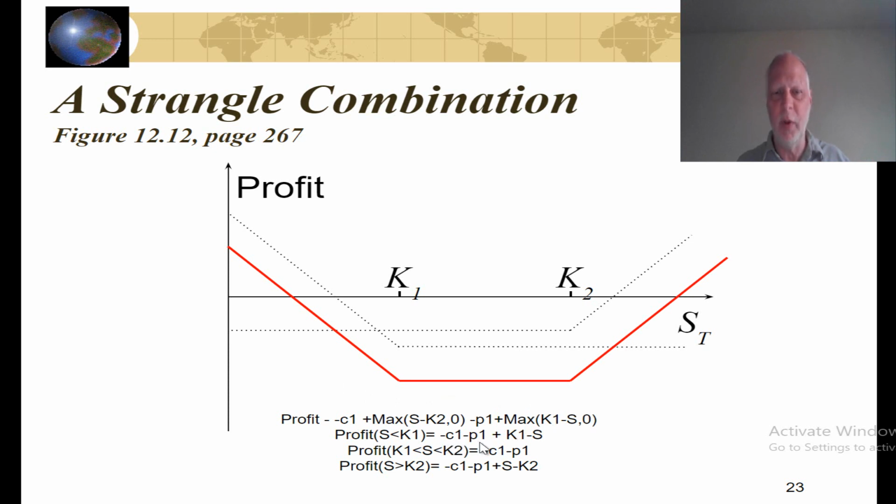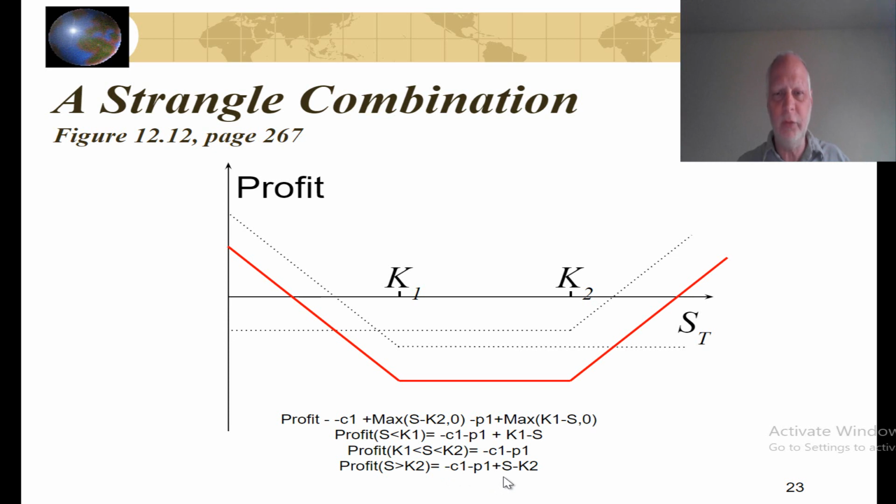So we end up with minus C1 minus P1 plus K1 minus S. If we are in the region between K1 and K2, both of our options expire worthless, so we just end up paying for the options, minus C1 minus P1. If we are in the region S greater than K2, then our call option pays off, but our put option expires worthless, so we get our term S minus K2 and the price we pay for the options.